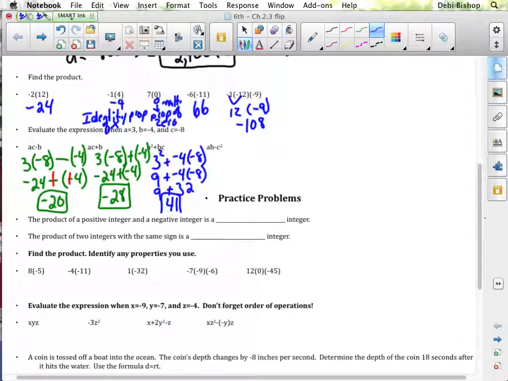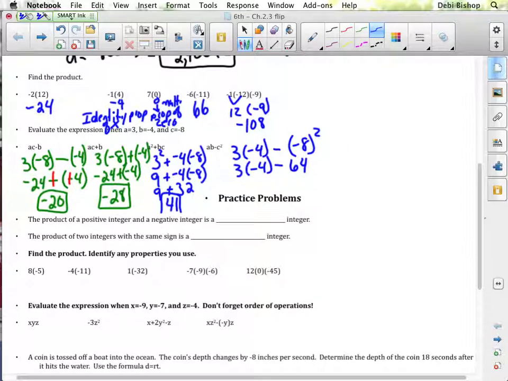And our last one. So A is 3 times negative 4 minus C, negative 8 squared. So this is important. Make sure you're squaring both your negative 8s. So a negative times a negative is a positive. So you're going to say 3 times negative 4 minus, well, this now becomes a positive 64, right?